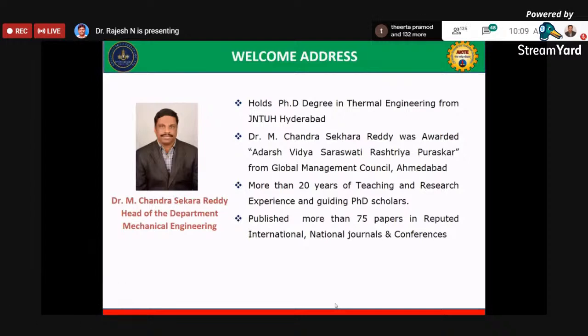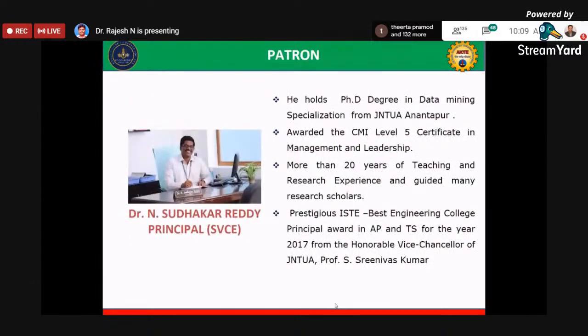Now, let me introduce our Principal of SVCE, Dr. N. Sudhakar Reddy, sir. Dr. N. Sudhakar Reddy holds a doctorate degree with specialization in data mining from JNTU Anantapur. He was awarded the CMI Level 5 certificate in management and leadership.